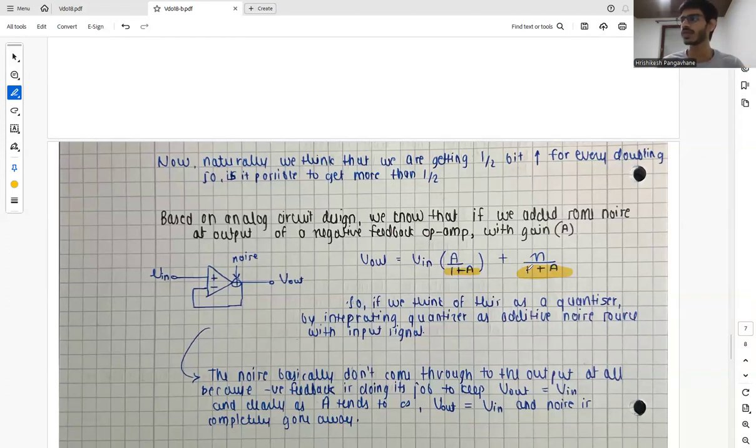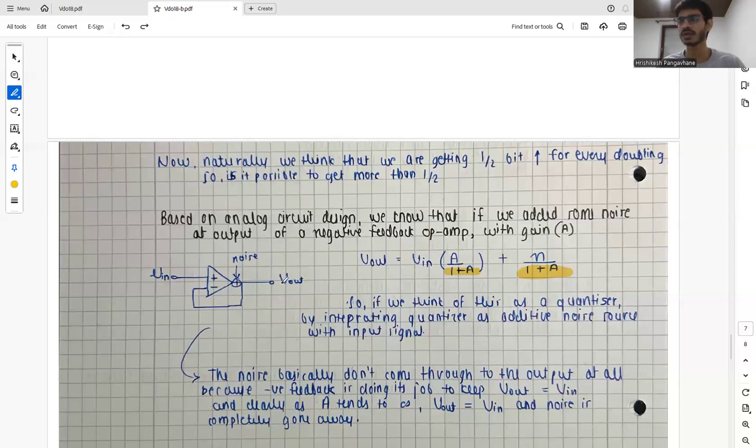So if we think of this as a quantizer, what is a quantizer? It's a source along with noise, right? So if we talk in terms of analog circuit design, by interpreting the quantizer as an additive noise source with the input signal, then the noise basically doesn't come through the output at all over here.